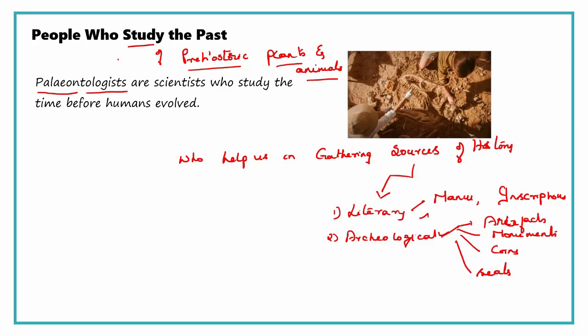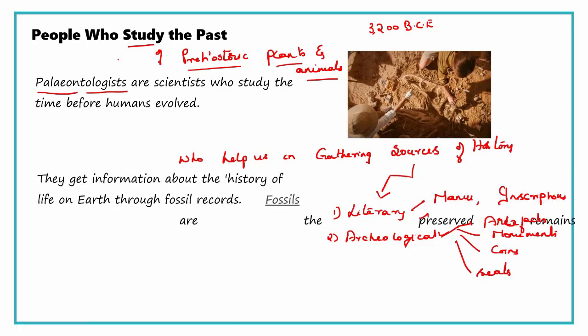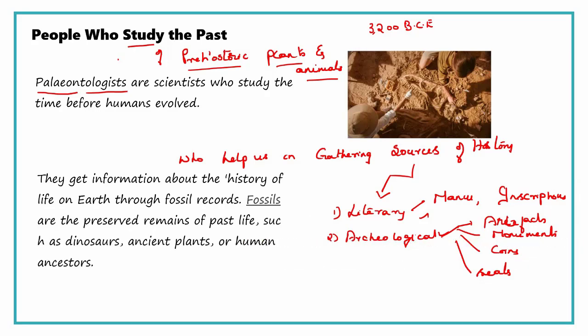Now you may get a doubt. Paleontologists are people of today, but how do they study the plants which existed before prehistory, that is before 3200 BCE? This is how they do. They dig the soil, and they get information through fossil records.